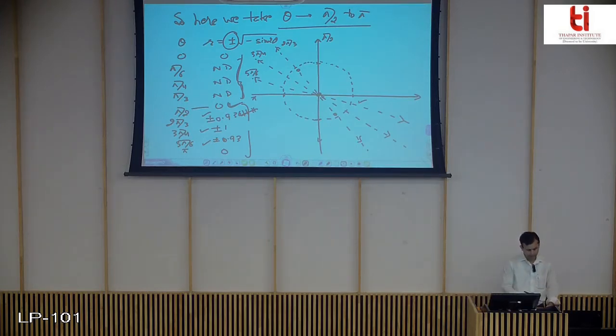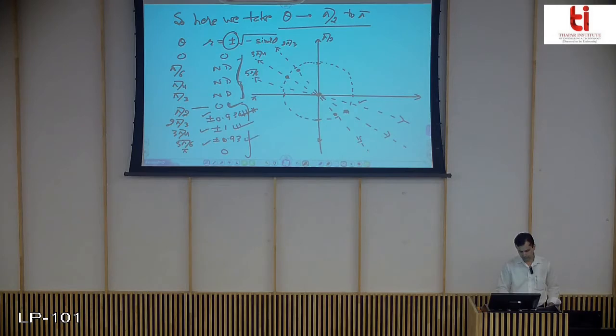Then the next point is 3 pi by 4, 135. It is plus minus 1. So plus 1 is here, because you are at the origin looking in the direction of 135. So R positive is here, and if R is negative, then it is here.